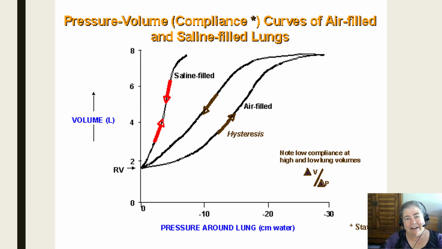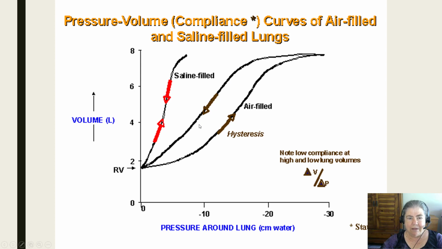This is a slide that I almost took out, but I just wanted you to understand that there is a relationship, I think we talked about this earlier, between pressure and volume in the lungs. If we look at lungs that are normally compliant, this curve is a little different with inspiration and with expiration, and compliance is a little higher with expiration.